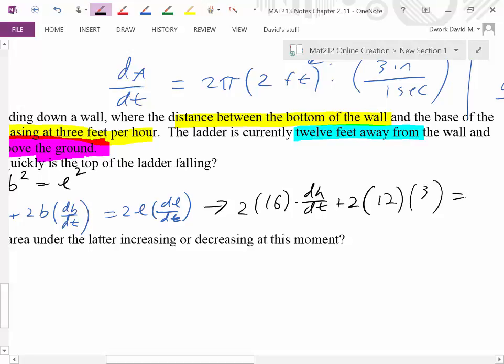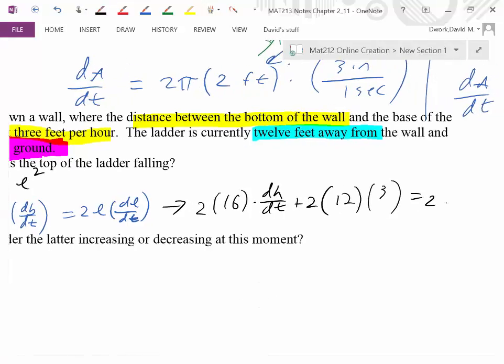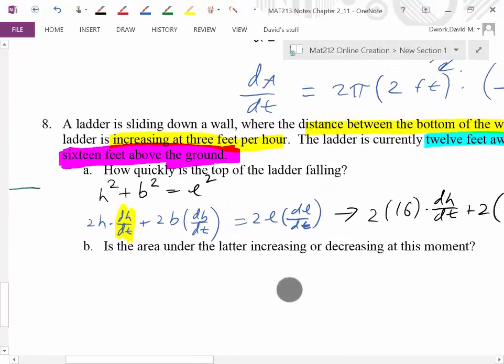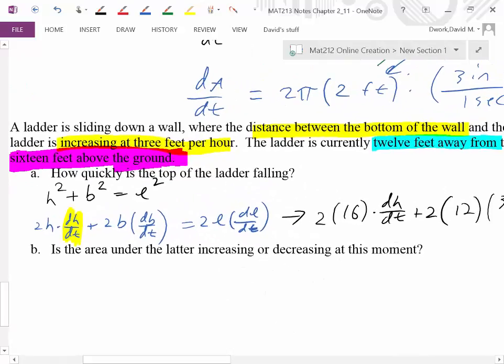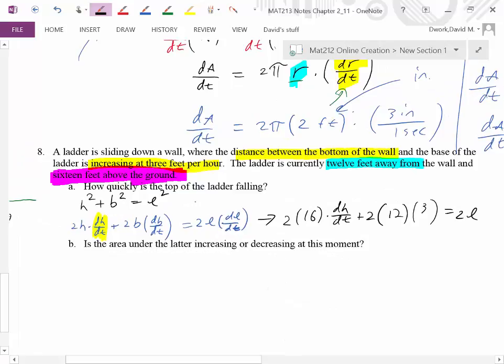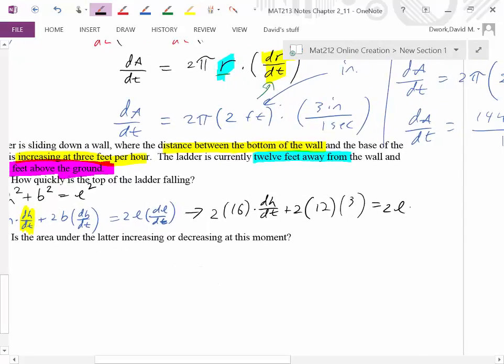So now that's equal to 2 times the length of the ladder. We didn't know that. And in the problem, they never told us that. Shucks. Okay, well there's one little wrinkle, but you'll see it's not a big deal. Because then the next thing, what does dl dt mean? Well, dl dt is the change in the length of the ladder per change in time.